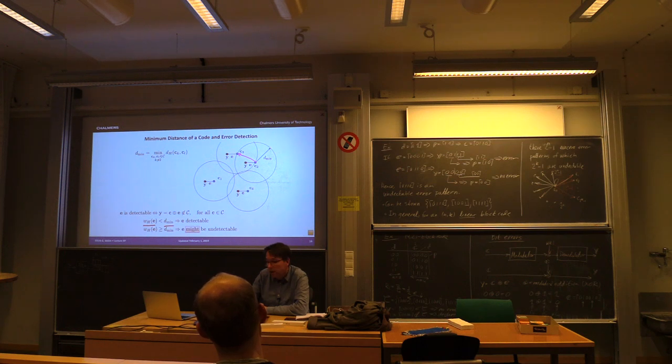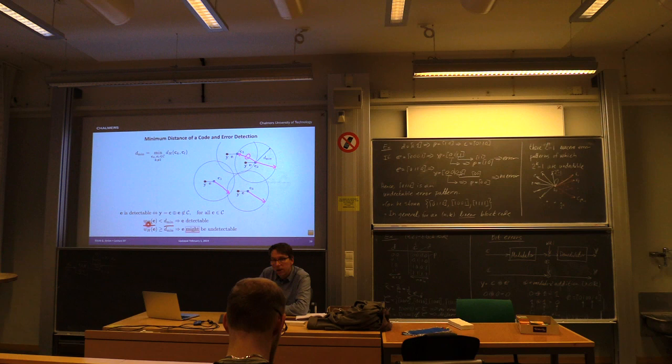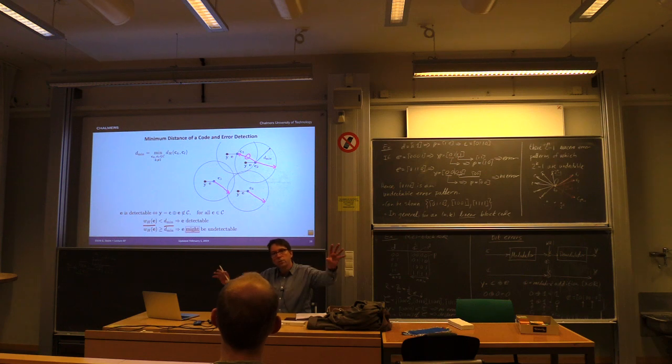All other error patterns of distance d-min would not be problematic, because then we would simply not end up in another code word. So this one is problematic, the rest are not. But anyway, this gives some guarantees. And that's a design criterion for block codes. We would like to separate the code words as much as possible.